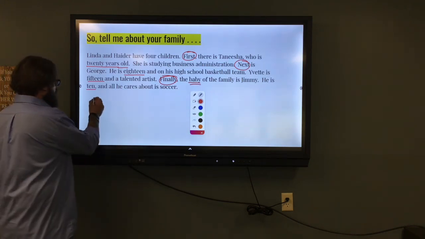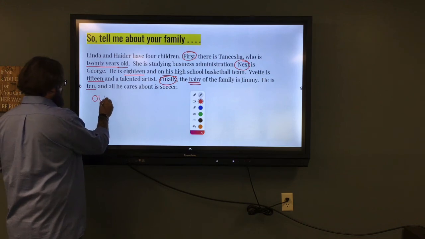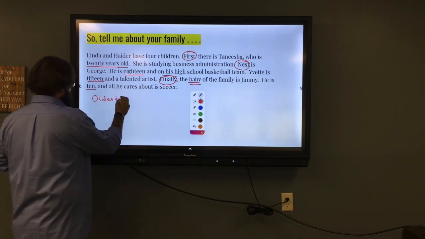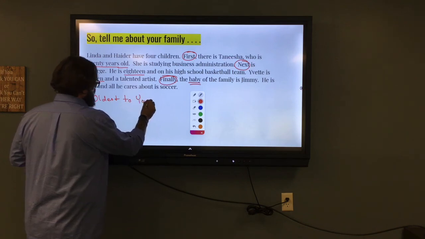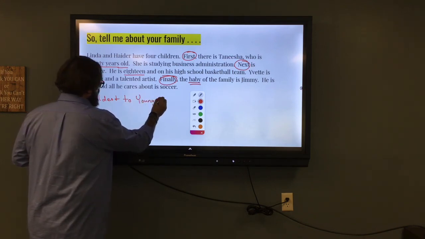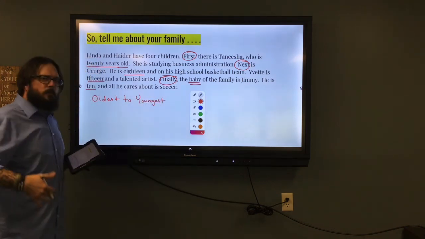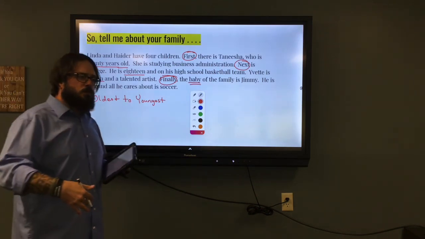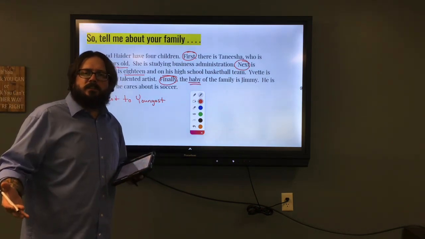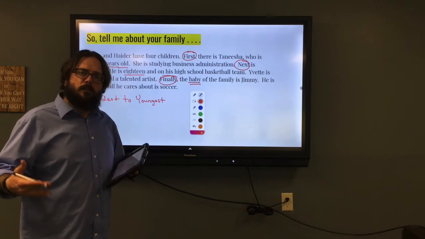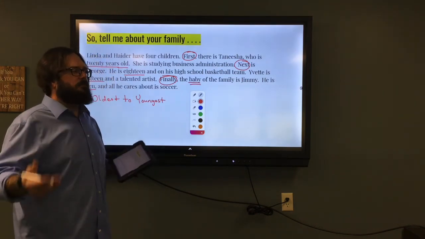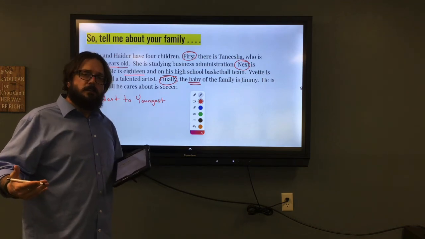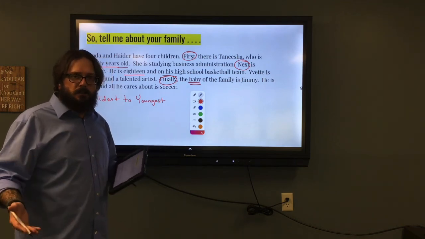In this case, we are going from oldest to youngest, which is a common way to sequence the people when you are talking about your family. You're going to tend to, if you're, say for example, talking about your children, describe them from oldest to youngest.